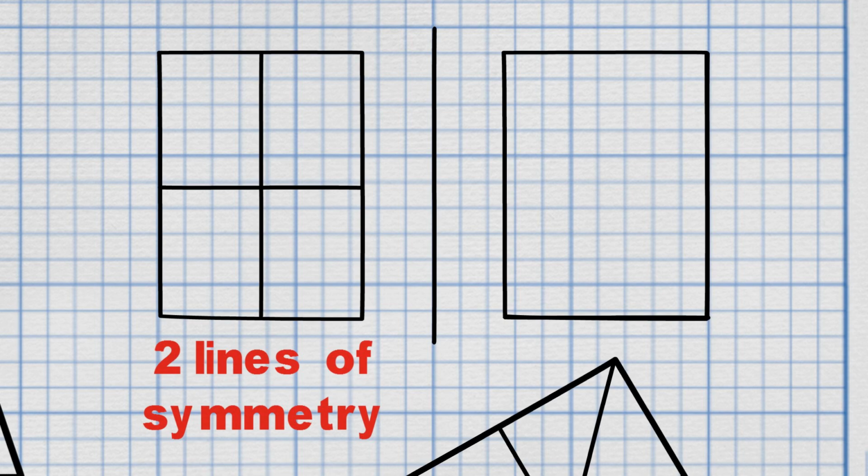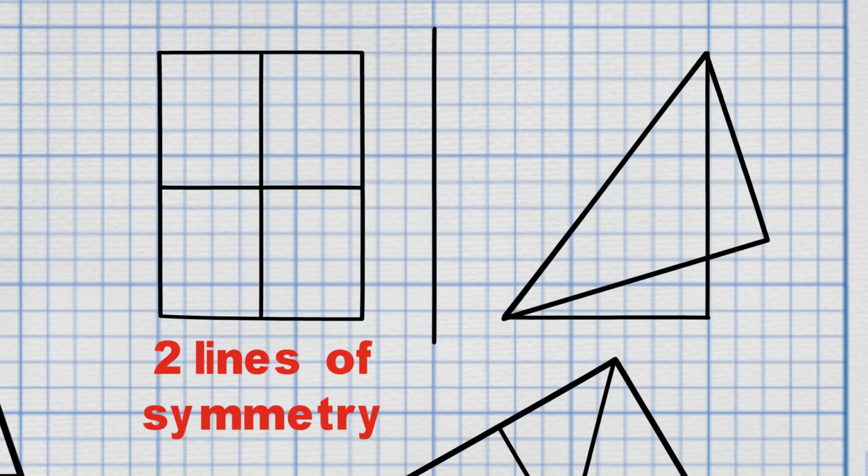If we draw a diagonal on a rectangle like this, it does create 2 halves. However, if we actually fold the rectangle over this diagonal line, the halves don't match. That is, they don't sit exactly over each other. So this diagonal is not a line of symmetry.